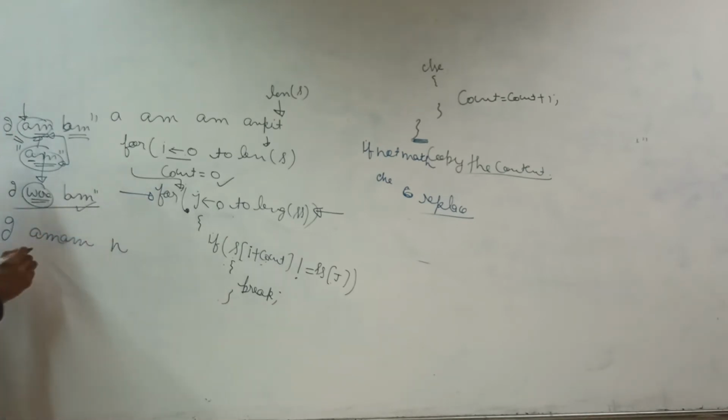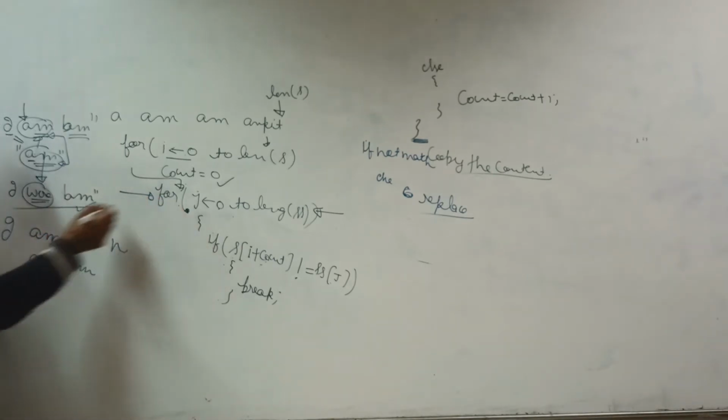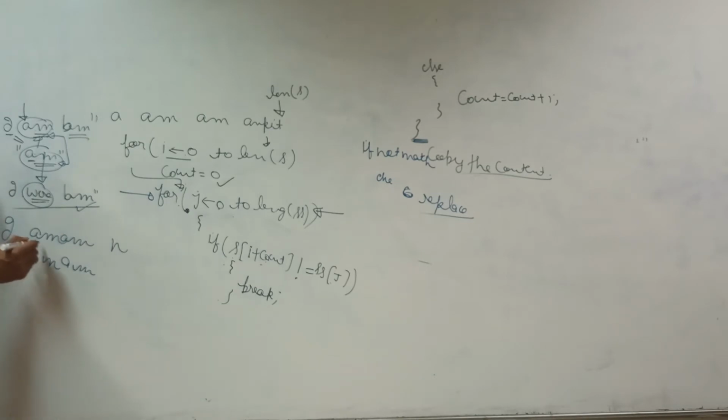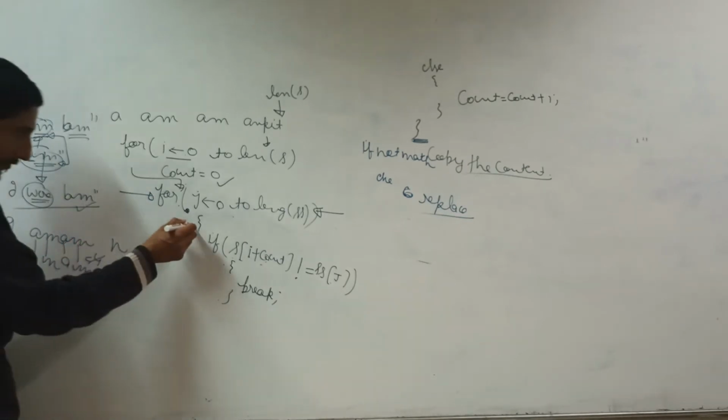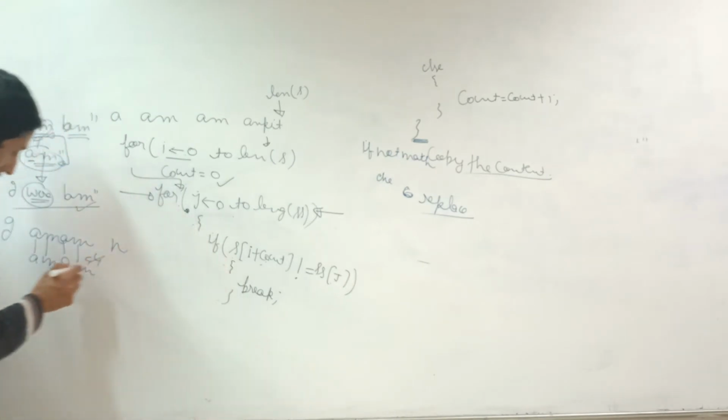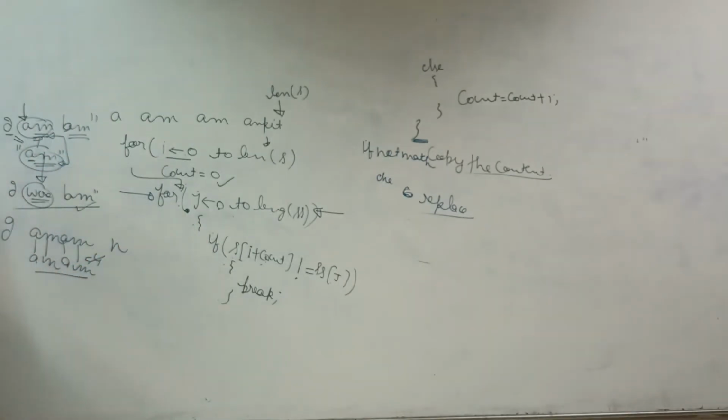A M, and you are searching for A M. So what will happen? This inner loop will run 1, 2, 3, 4 times. So if a particular match happens, this loop will run till the length of the substring.